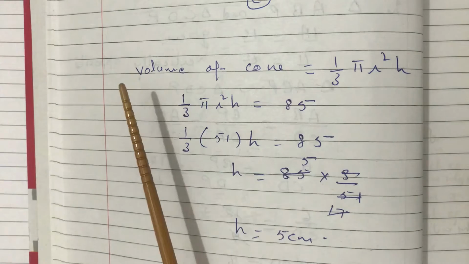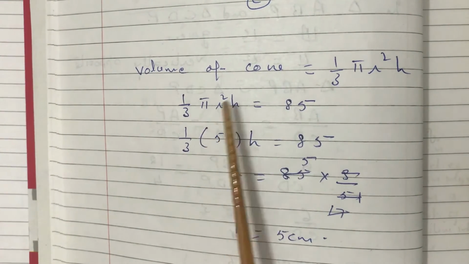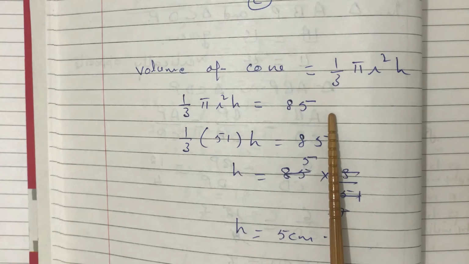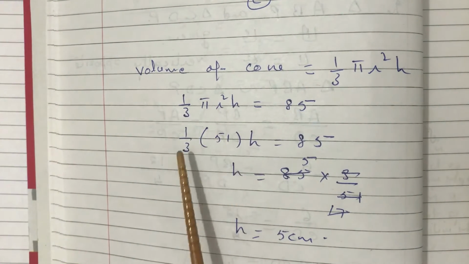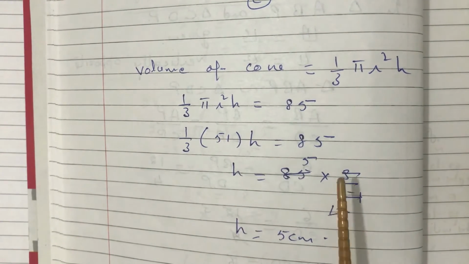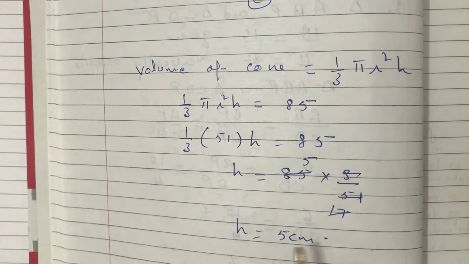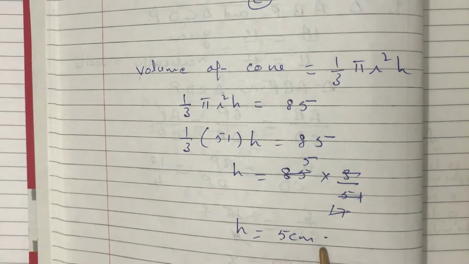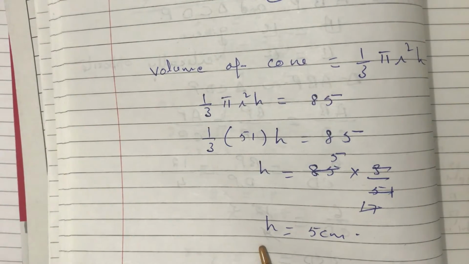Now the volume of the cone is 1/3 pi r square h, given as 85 cm cube. Instead of pi r square, write 51. So 1/3 into 51 into h is equal to 85. So h is equal to 85 into 3 by 51. That will come out to be 5 cm. So vertical height is equal to 5 cm. It means D is the option.